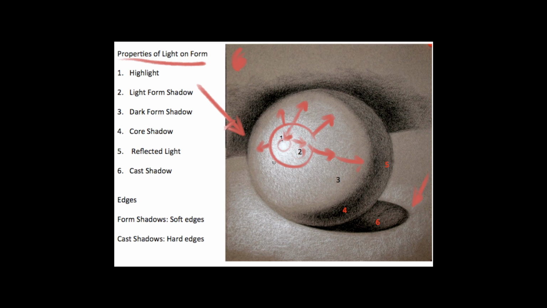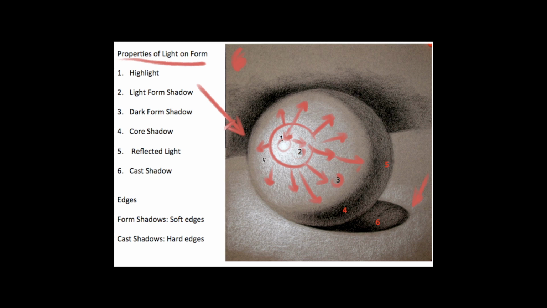Now as we start to move further out and away from highlight and light form shadow, we get into areas that I call darker form shadow, and that's number 3. I've got it diagrammed down in number 3. That's darker form shadow, meaning that we're still on the light side of the object. We're still on the illuminated side of the object, and it's getting less intense as we move, in this case, across a sphere.